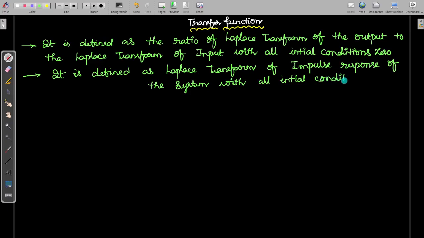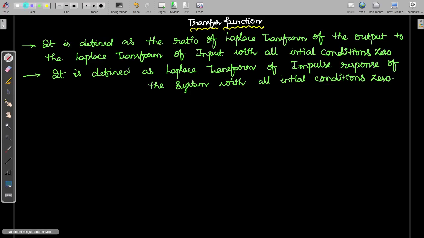Here also we can define this transfer function in two ways: the Laplace transform of the output to the Laplace transform of the input with all initial conditions 0, or the Laplace transform of the impulse response of the system.